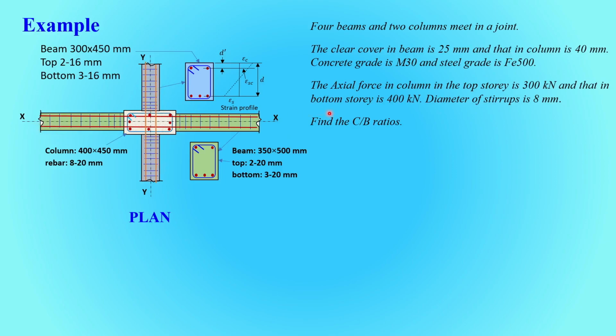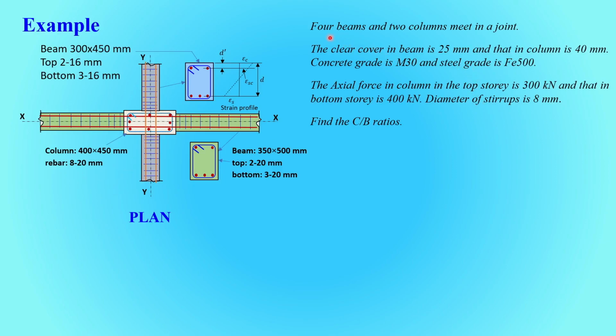The x directional beams are shown by green color, size 350 by 500 millimeter, and the y directional beams are shown by grayish color, whose size is 300 by 450 millimeter, and the top steel and bottom steel are given. Column size is 400 by 450 millimeter with 8 bars of 20 mm diameter.